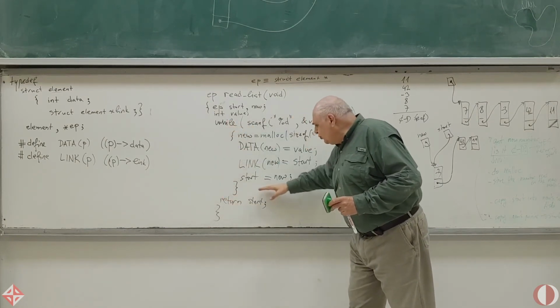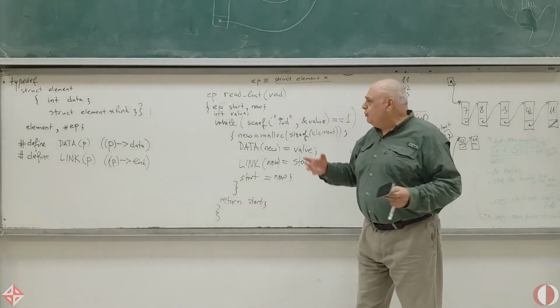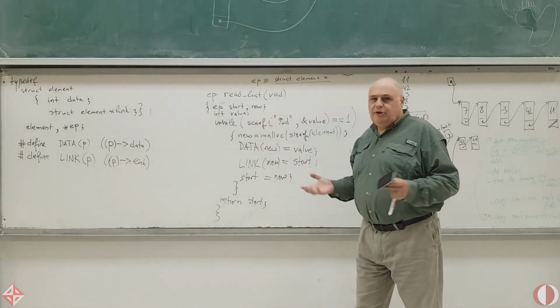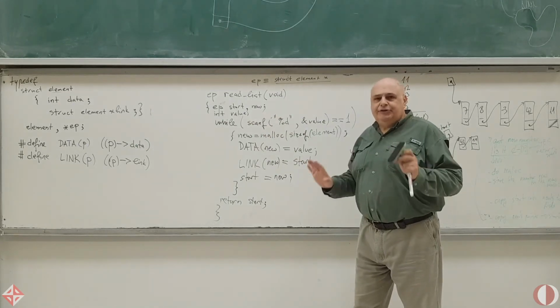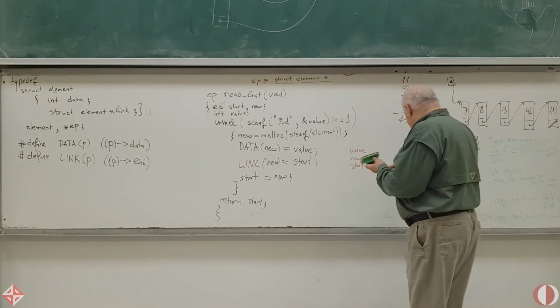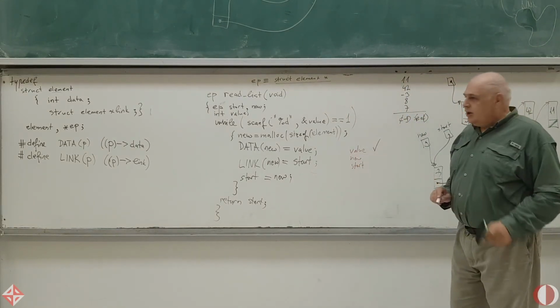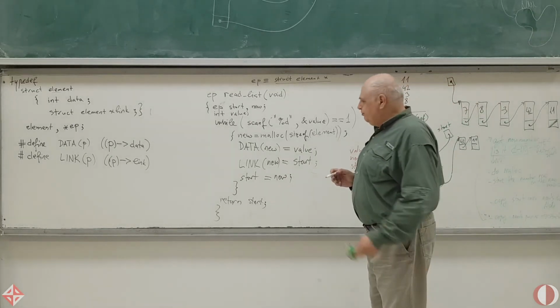So I go down to while. Do I use in here the value of value? No, I don't use it. So there is no trouble. No problem with value. Value is okay. Now take new.